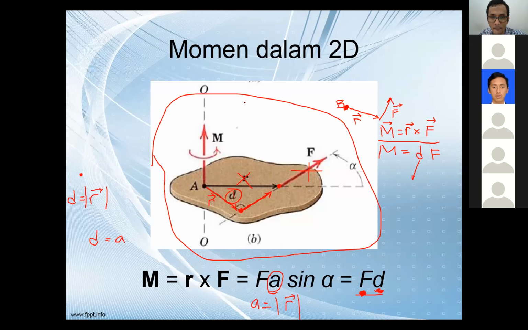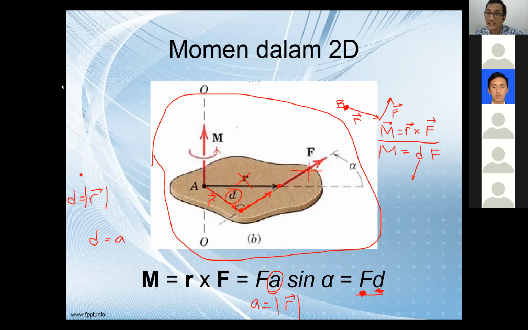Sunita, which part you don't understand? I wanna ask, what is the M? M here is moment. Moment is, if previously you learned about torque, it's just the same as torque.